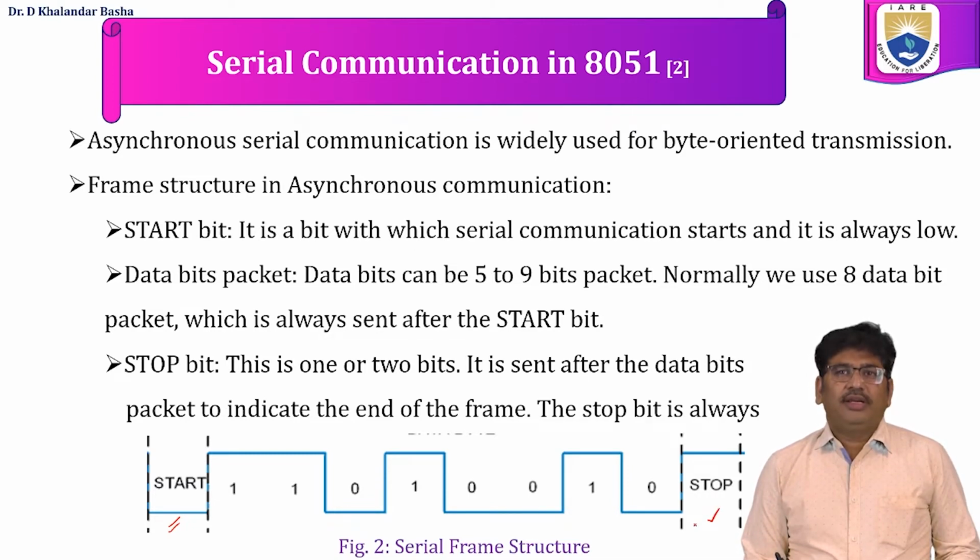The start bit is the bit with which serial communication starts and it is always low. The data bit packet can be 5 bits to 9 bits in 8051 serial communication. Normally, we use an 8-bit data packet, which is always sent after the start bit.